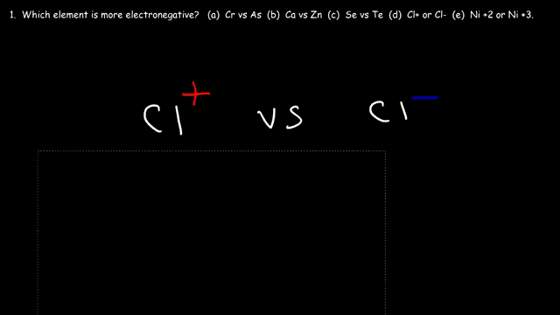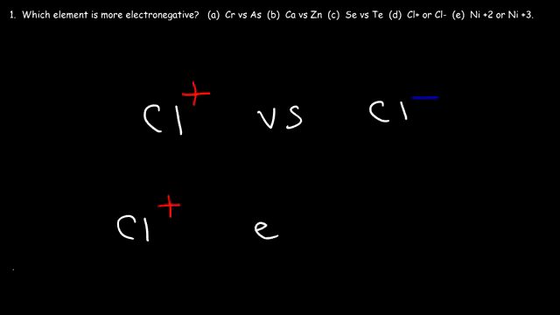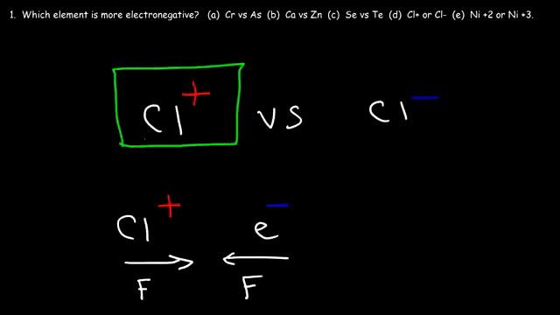However, the chlorine cation is attracted to an electron. Like charges repel, but opposite charges attract. So these two will feel a force of attraction, which means the chlorine cation has a strong desire for electrons. So what you need to know is that positively charged ions are more electronegative than negatively charged ions.